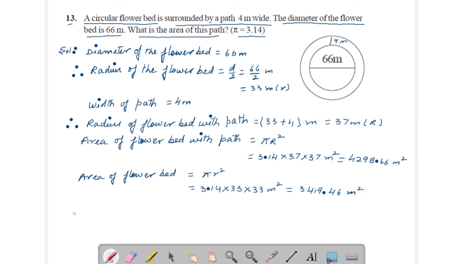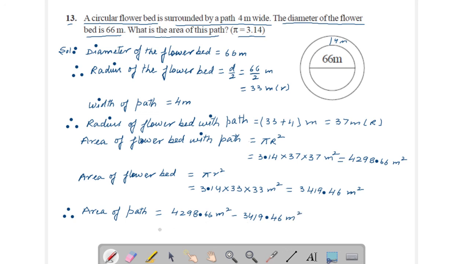Therefore, area of path equal to area of flower bed with path, that is 4298.66 meter square minus area of flower bed, that is 3419.46 meters square.